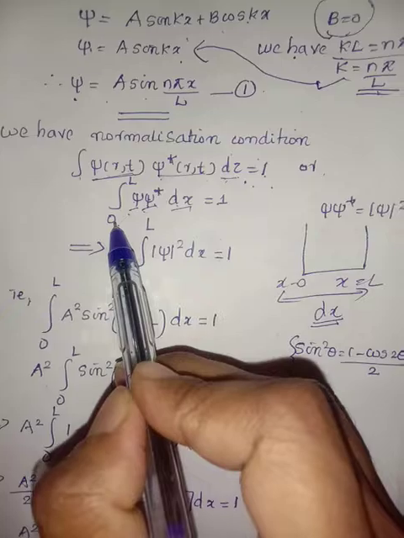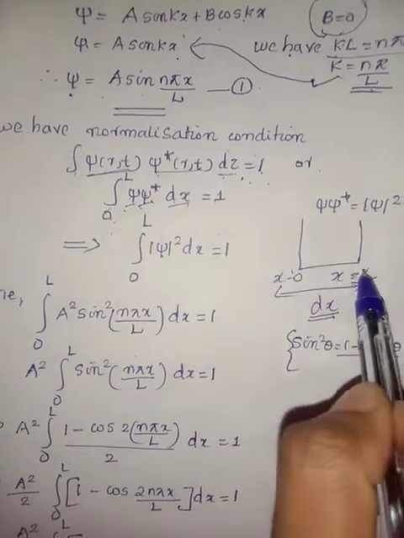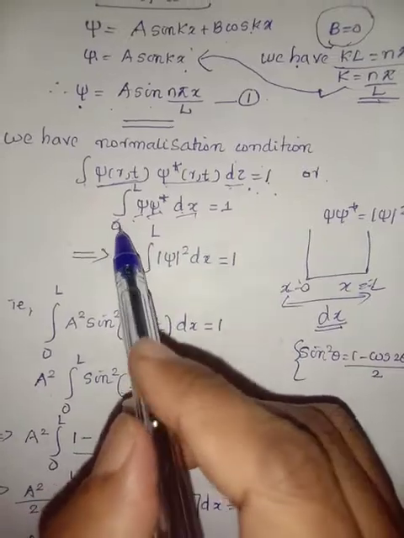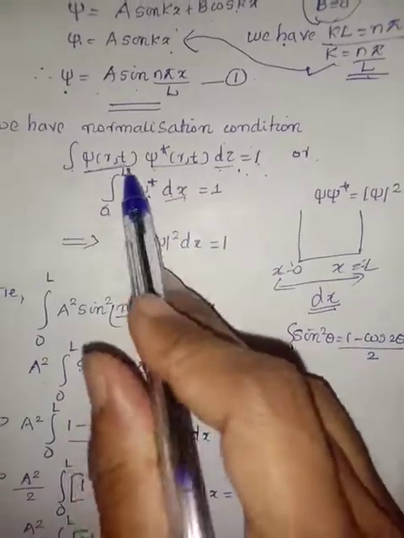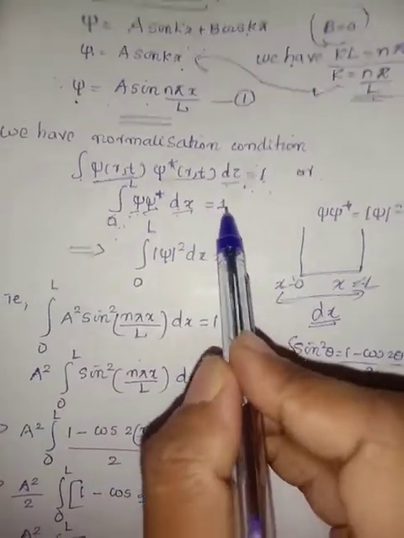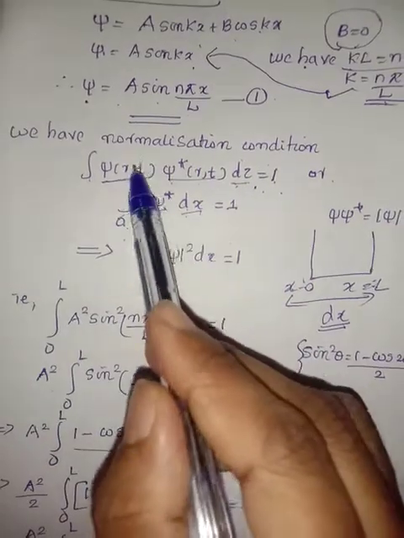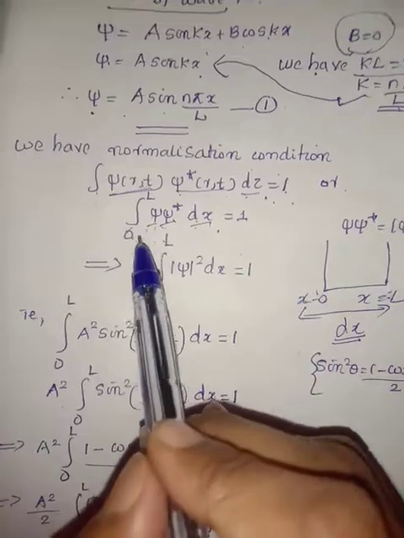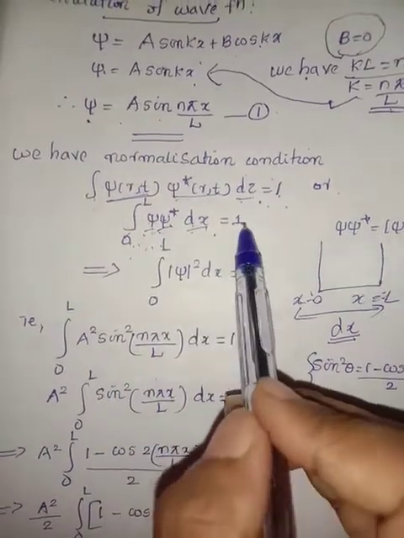And the boundary conditions are 0 to L. These are the limits, x equal to 0 to x equal to L. Now we are changing the normalization condition according to our situation: integral 0 to L psi psi star dx is equal to 1.